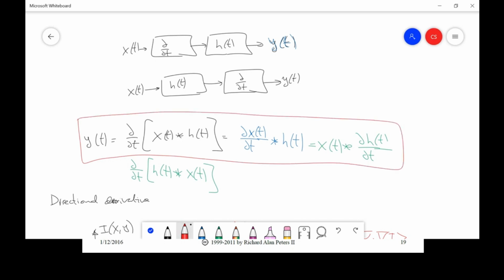The three give me different instructions about how to compute something, the derivative of a convolution. You can compute first the derivative of your input signal and then convolve, or you can compute the derivative of your kernel and then convolve. And this is what we have here.